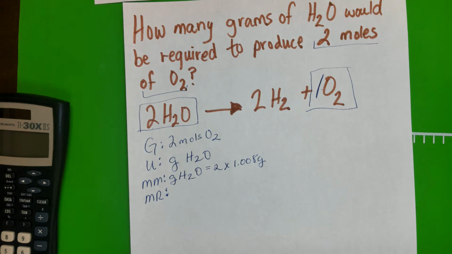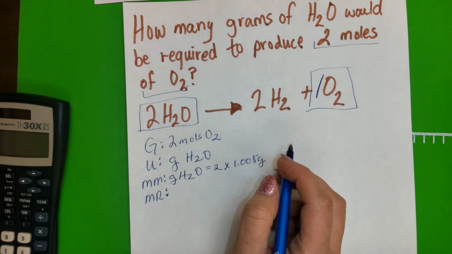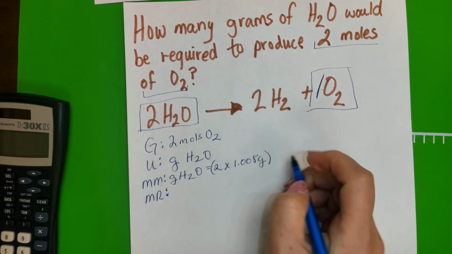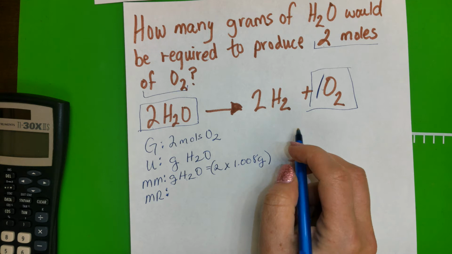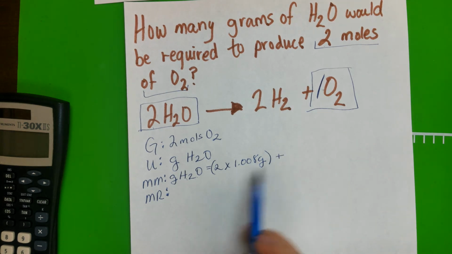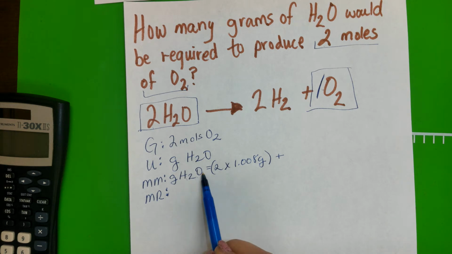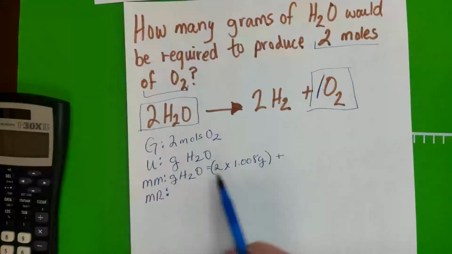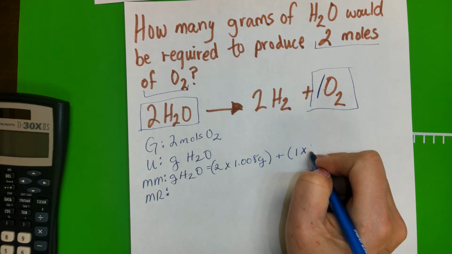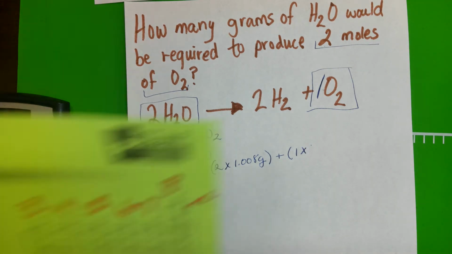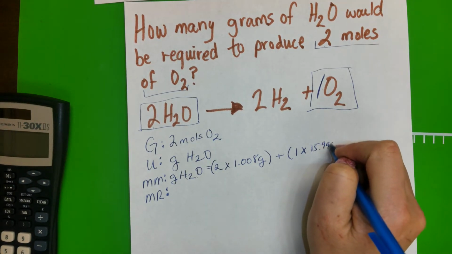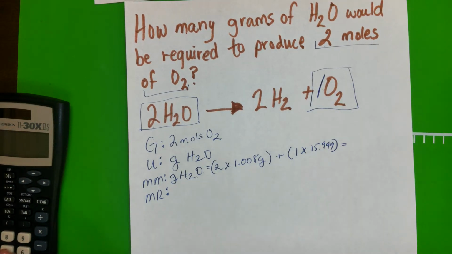And then oxygen is just one atom, so you're going to add all of them together. It's 2 times 1.008, plus one atom times 15.999.